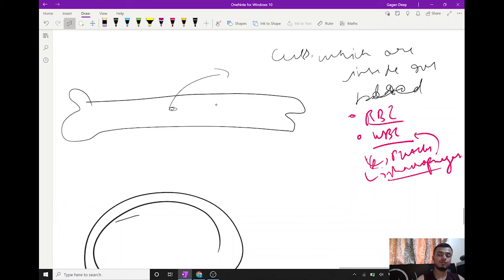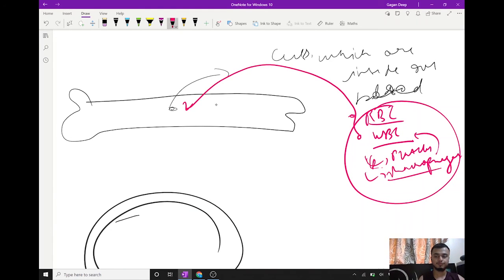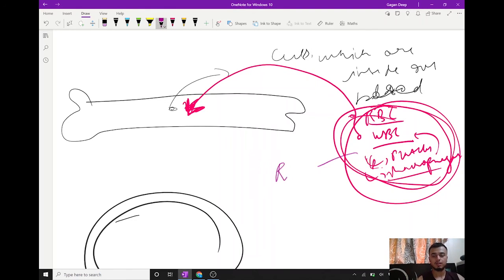And what if I told you all of them are made inside the bone? It's quite revealing of how important bone is in our body. So where is all of it formed? It's formed in the bone marrow of our bone.